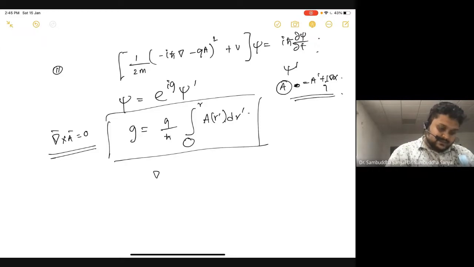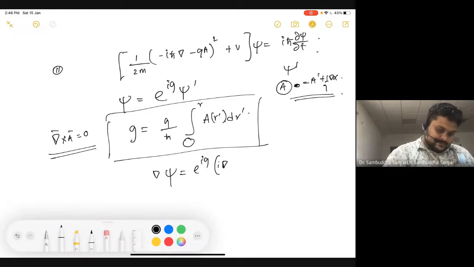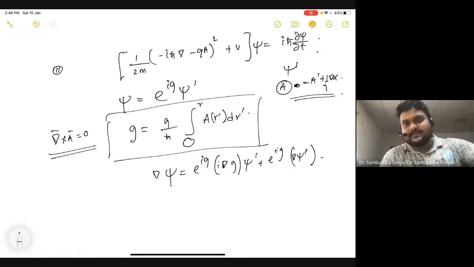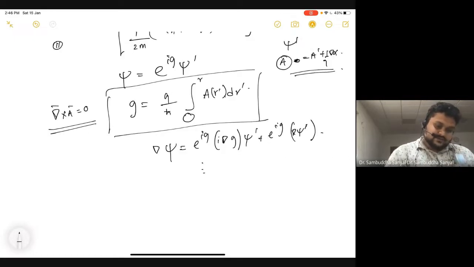So now if that happens, then you can write grad psi as e to the power ig times (grad psi prime plus i grad g psi prime). There are just 2 lines of algebra which I am skipping, and I am just coming to the final conclusion. Just take up this algebra, and you will land on this solution.